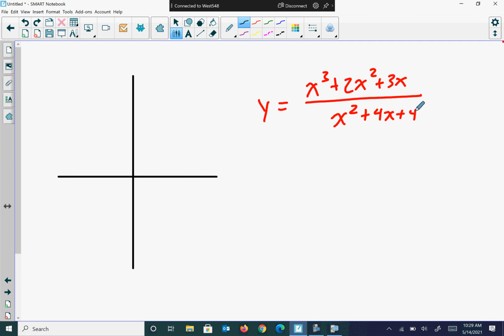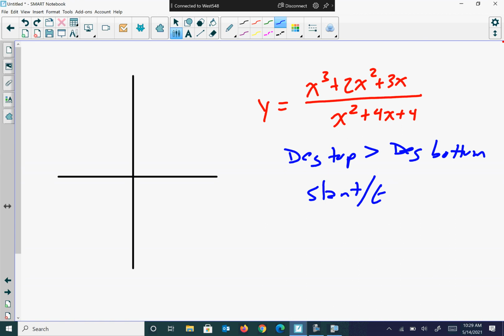Bless you. So if I factored this one, because the degree on top is greater than the degree on bottom, this has something called a slant or an end behavior or an oblique asymptote.